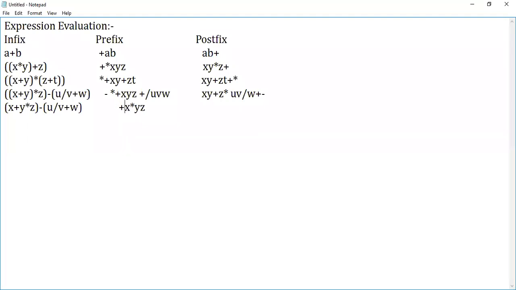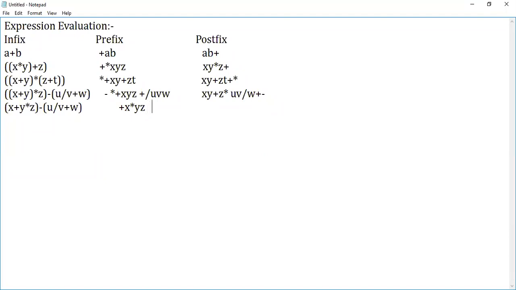So if you're just doing this based on the operator present, that is fine, whenever there is no proper bracket. Here the bracket is there, so first preference is given for a bracket. The same way here you can notice that there is no bracket, right? So you're supposed to give first preference for y and z. Then you're supposed to add x along with it. Now this is done.